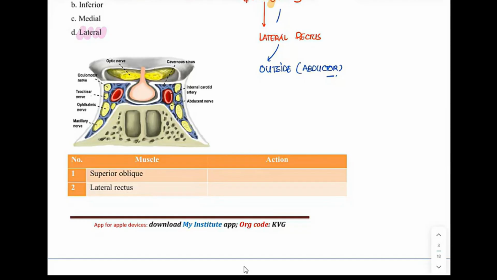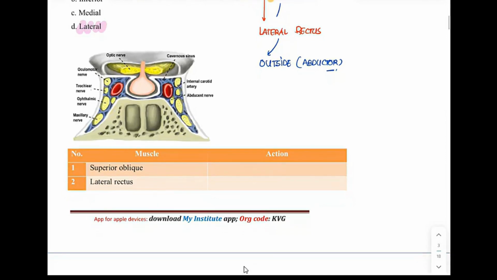muscles are present: cranial nerve third, that is oculomotor, cranial nerve fourth, that is trochlear, and cranial nerve sixth, that is abducens. So third, fourth, sixth, all the three cranial nerves which supply the extraocular muscles are present here, related to the cavernous sinus. So whenever there is thrombosis in the cavernous sinus, the manifestations are very widespread.